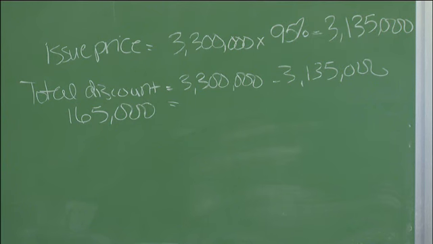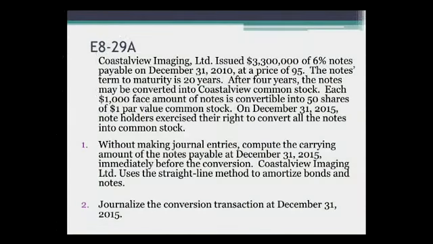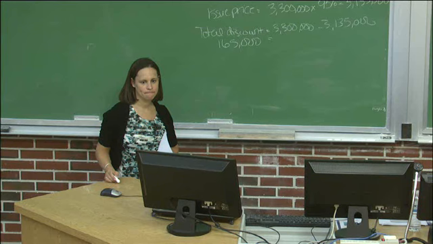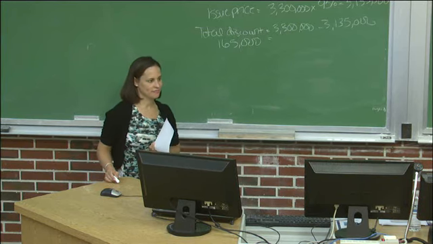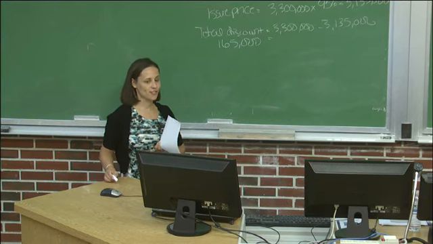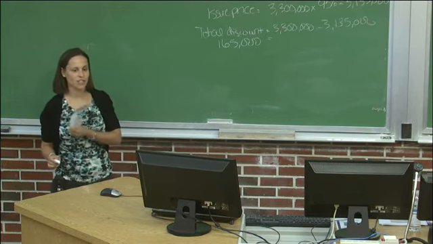Luckily, we look at the problem, and the problem says we're using the straight line method. Why are we lucky that we're using the straight line method? Because you don't have to calculate it each year for the 5 years.